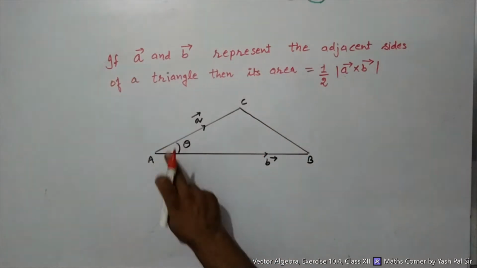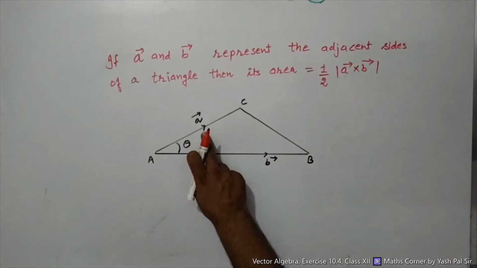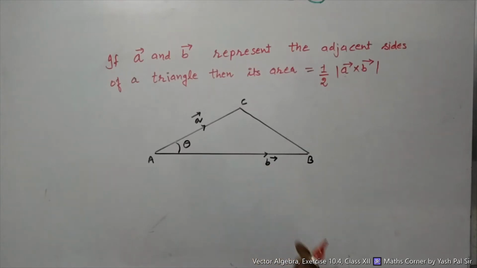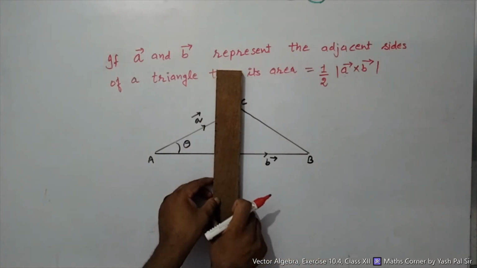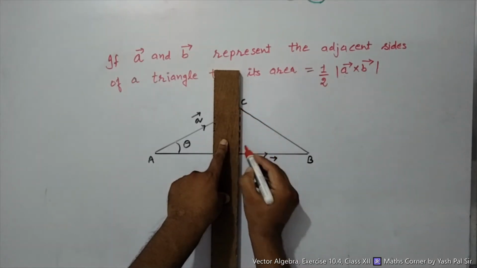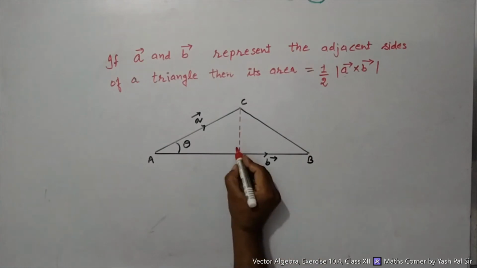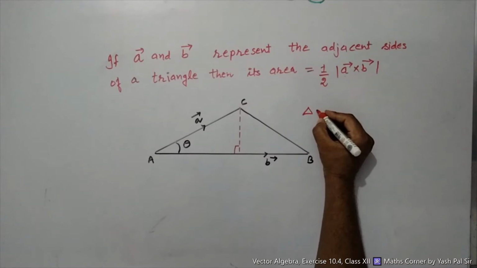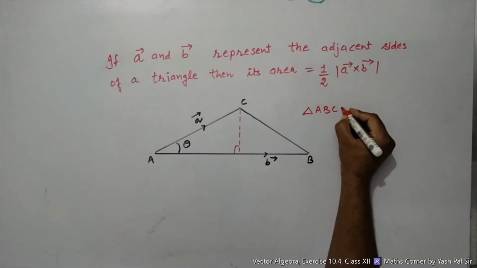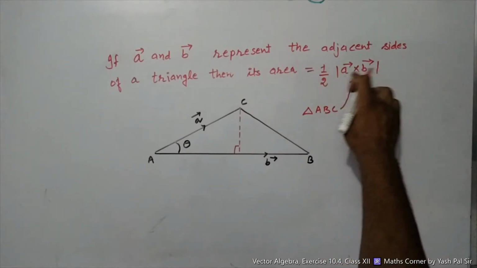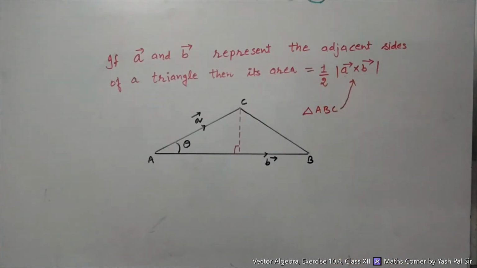So adjacent sides, AC side represented by vector A, AB side represented by vector B. Then how to find the area of the triangle? This way, area of the triangle ABC will be equal to half the magnitude of cross product of vector A and B.